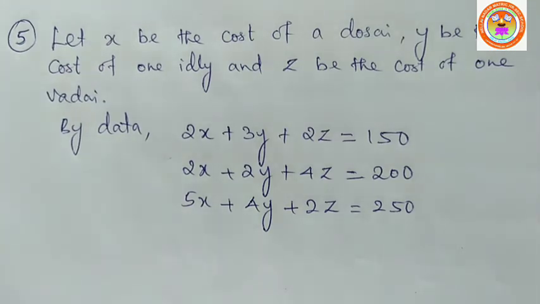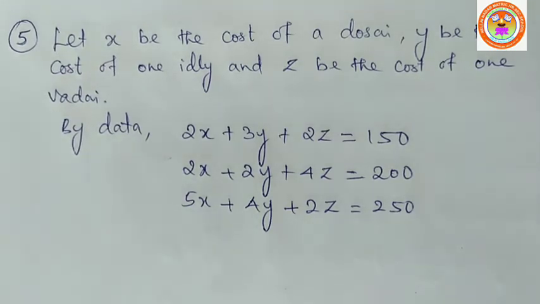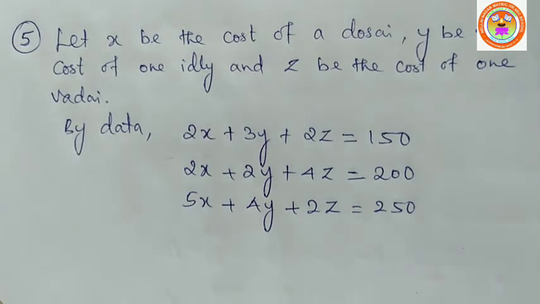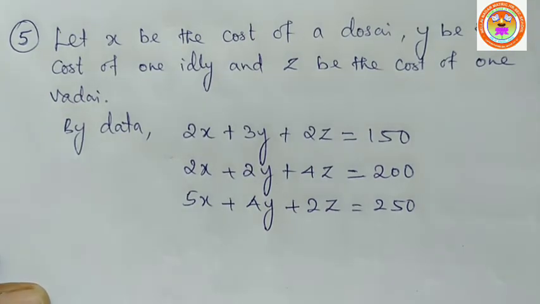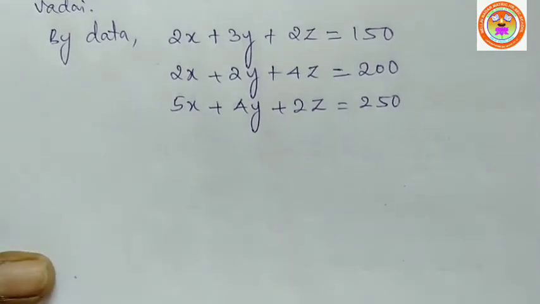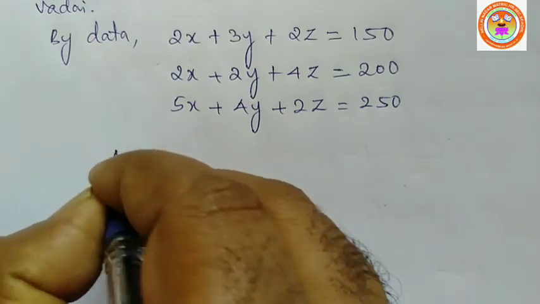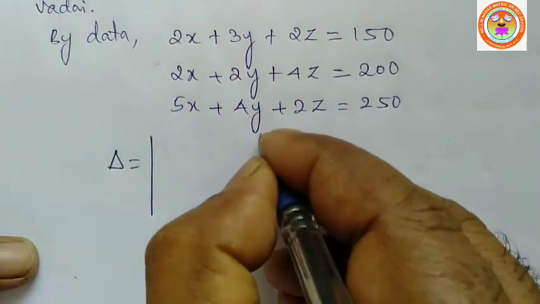So here 3 equations in 3 variables, right? So here we have to find out delta, delta x, delta y and delta z. So first we are going to find out delta from these 3 equations.